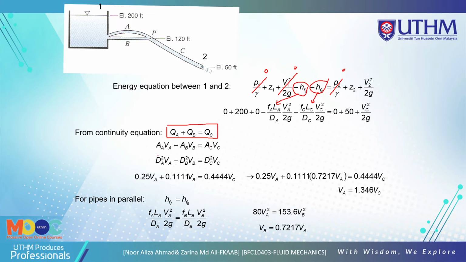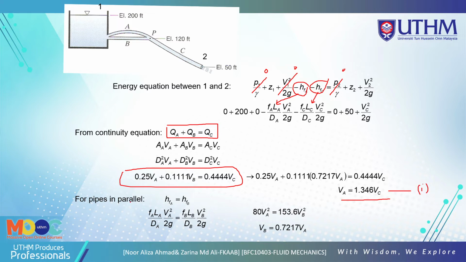So you get this concept here. You just continue until you get this formula and put all the values here, until you get VA is 1.346 VC. So you get the velocity A in terms of velocity C.